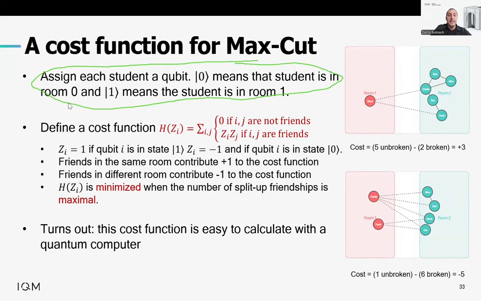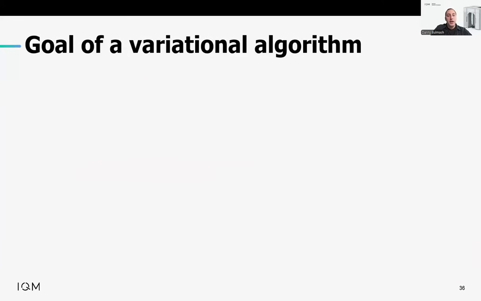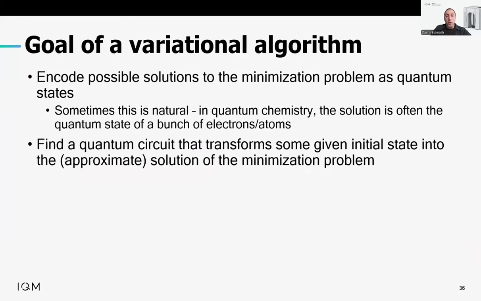So that's an easy way to encode possible solutions to this problem into qubits. Our goal is to find a quantum circuit that turns some initial state, we haven't specified what it is yet, into the approximate solution of the minimization problem. So we start with some initial state, we apply a quantum circuit, and our output, ideally, is very close to the solution of that minimization problem.